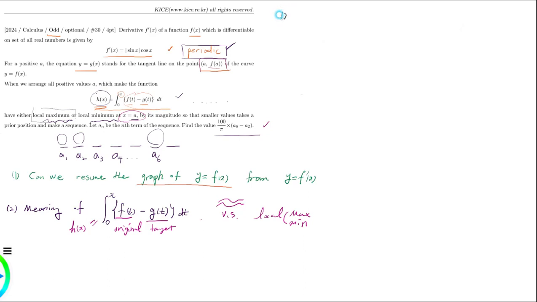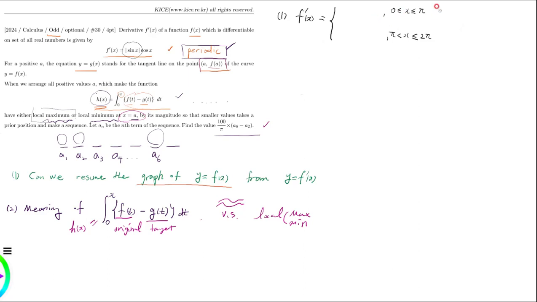First, we have to use its derivative f'(x). Since the absolute value of sine of x is periodic, I said, let's consider the domain from 0 to pi and from pi to 2 pi.